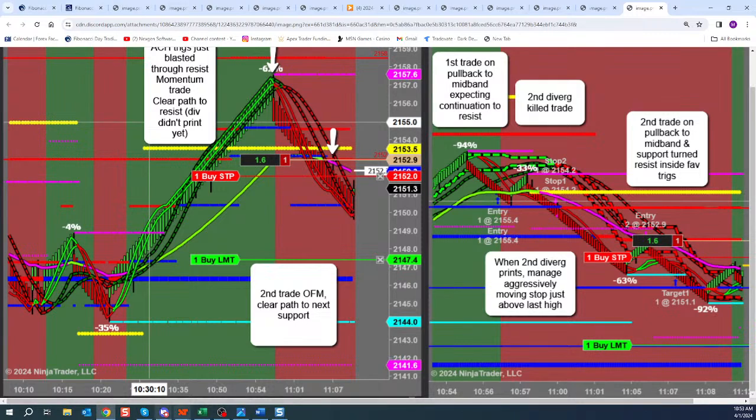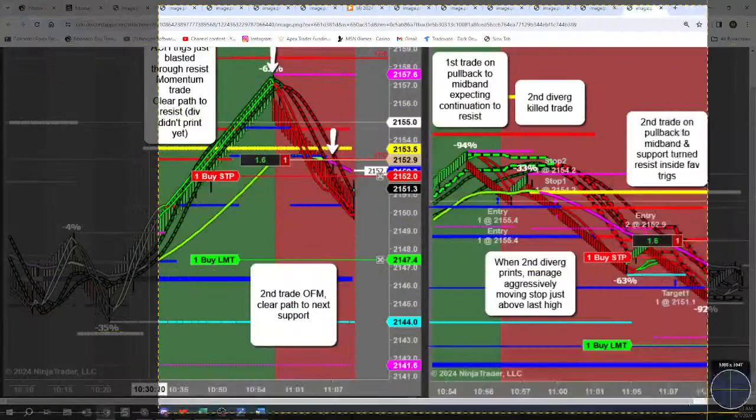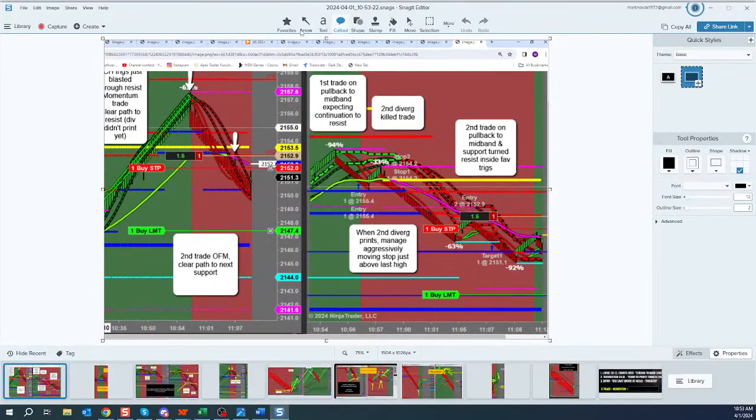So this is where you have to ask yourself too, and let me know what you think: if it is 50-50, and I'm getting weak triggers at a fib, and I'm getting a divergence at a fib, is it okay to just get paid and wait for the next one? I feel like it is.